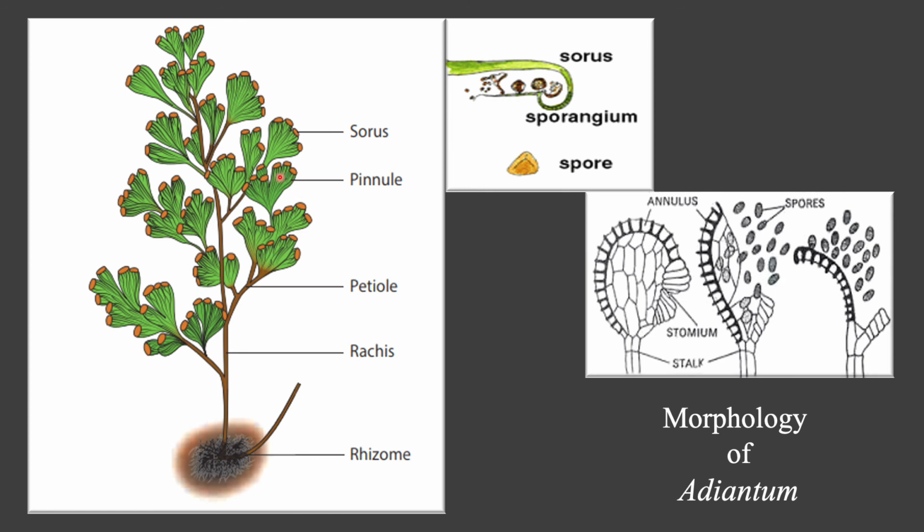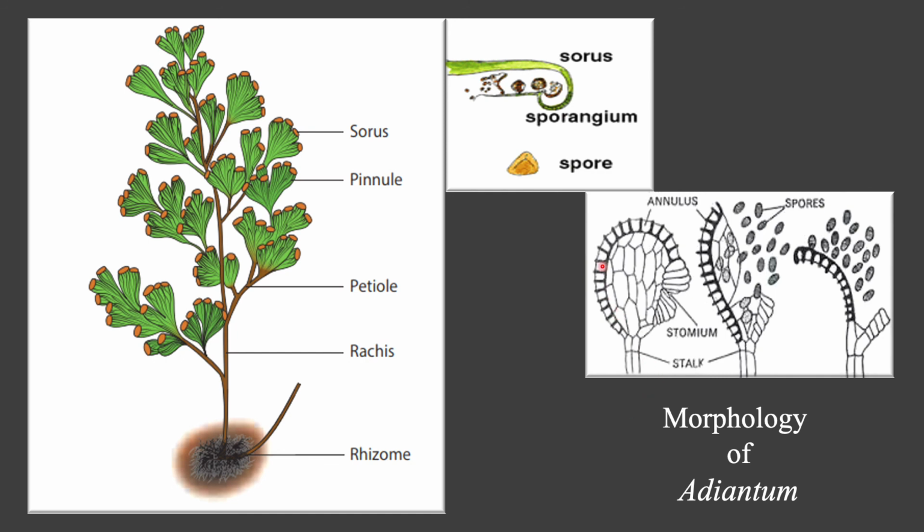On the back side of the pinnule, the margins are folded. The folded margins of the pinnule contain sporangia. A group of sporangia present in the folded margin of the pinnule is known as a sorus, and many are called sori.